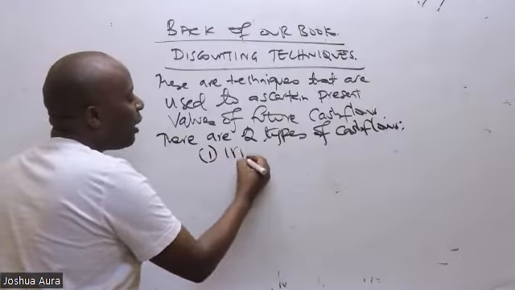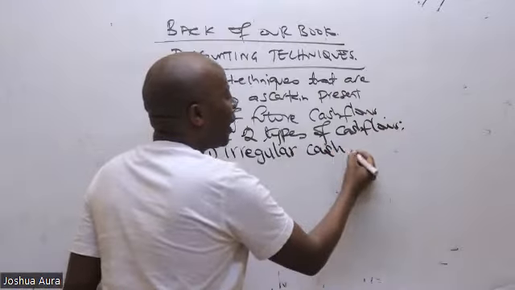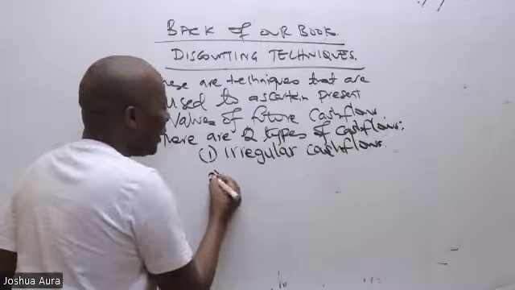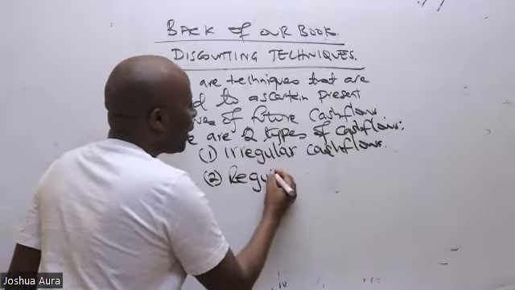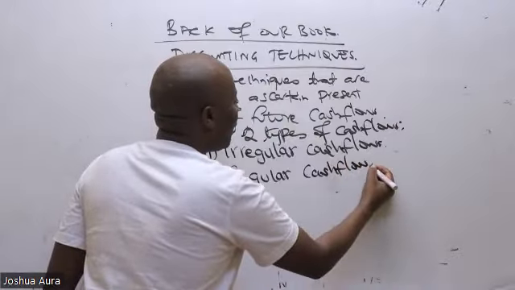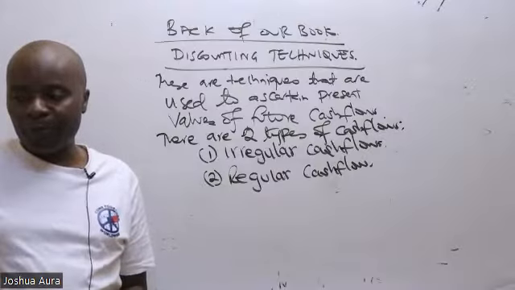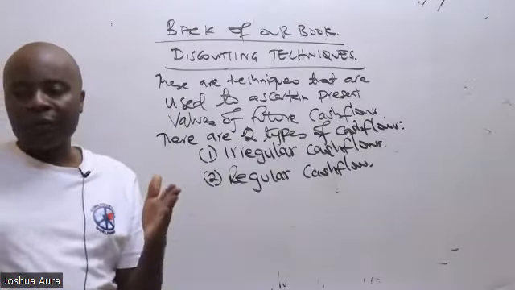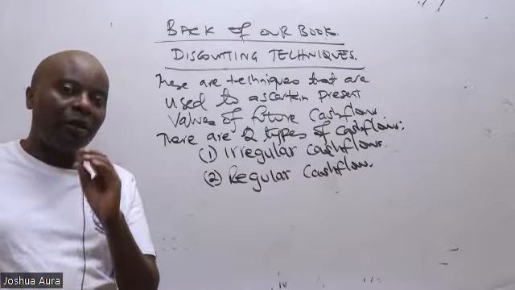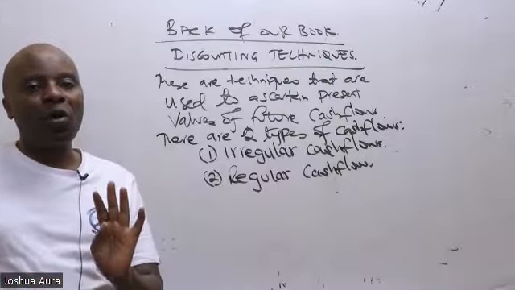Number one, we have what we call irregular cash flows, and then number two, we have what we call the regular cash flows. So we have irregular and the regular cash flows. Very important for us to be able to master this from the word go.